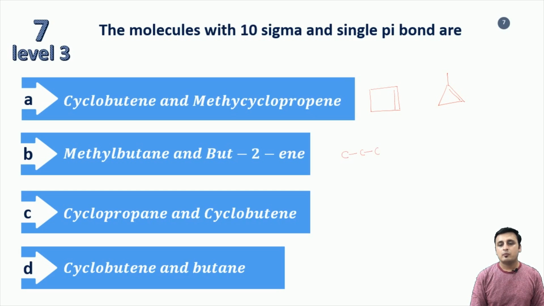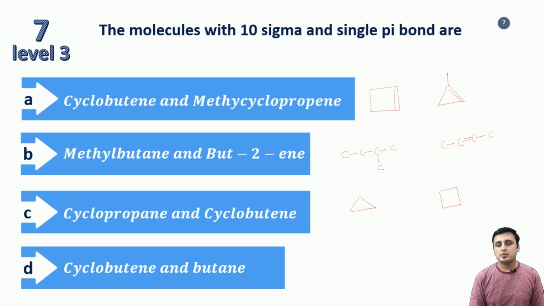Methylbutane has 4 carbons in a straight chain with one methyl branch. Butene has 4 carbons in a straight chain and the second carbon has a double bond. Cyclopropane is a simple structure, a triangle.